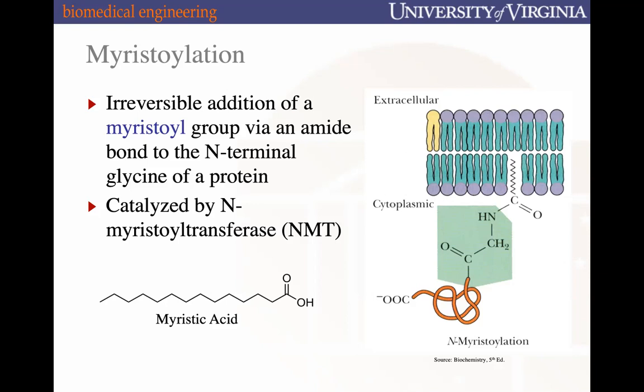In some myristoylated proteins there might be a minimal effect, but in this case, it creates an overactive cascade where it's constantly bringing in RAF to bind RAS. Okay, so it adds this myristic acid, and that confers an element of hydrophobicity which allows it to wedge in. Yes. Are there any other questions? These are great questions.